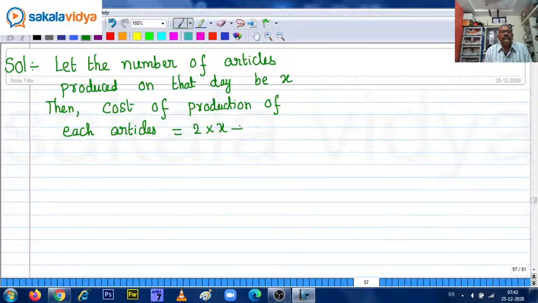So that means 2 into x plus 3, that is 2x plus 3. This will be the cost.